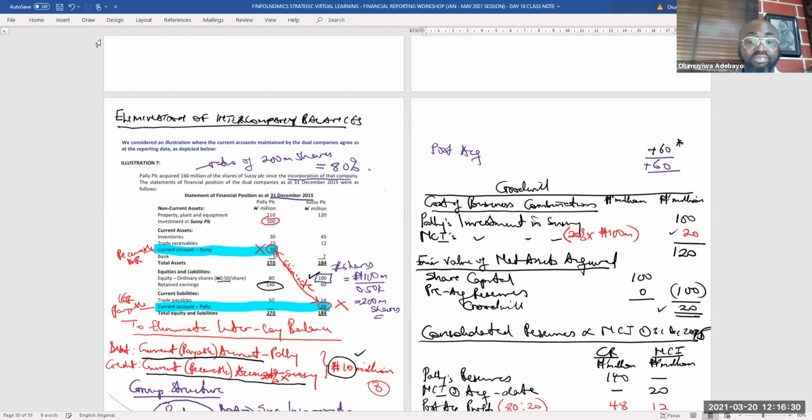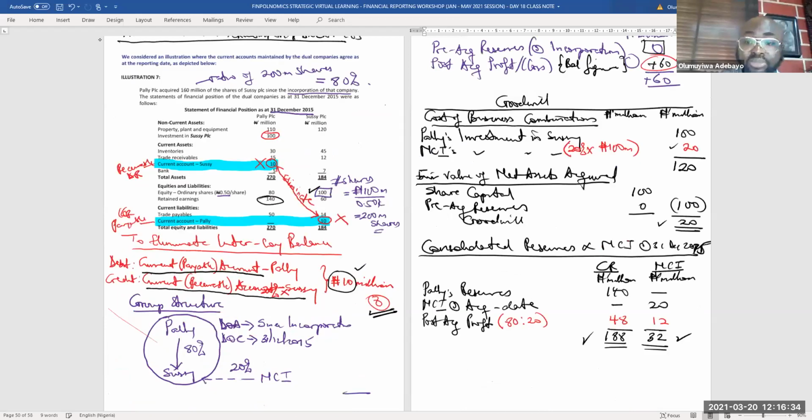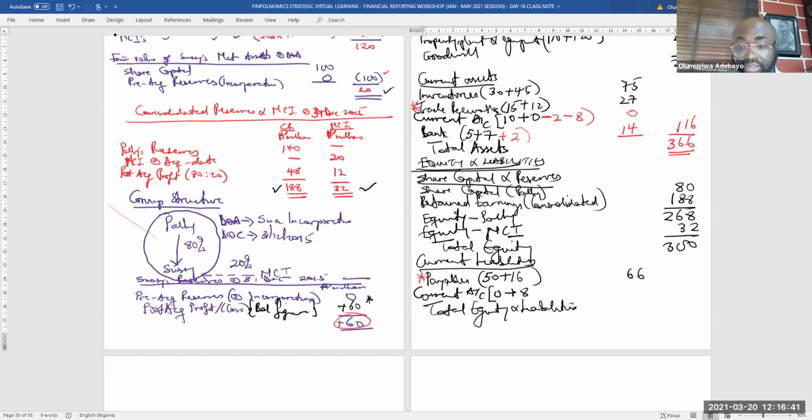A debit to a payable account is a reduction in a liability account. And therefore, I reduce this by what? By 8. When you look at everything, you cancel out. You even get 66. What do you have? 366. And that is the position.